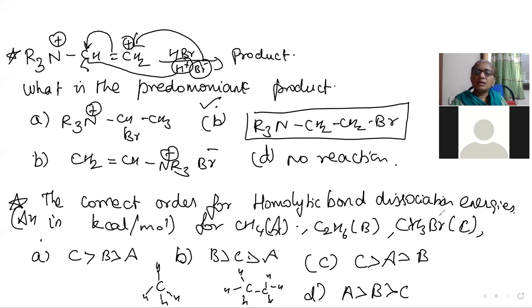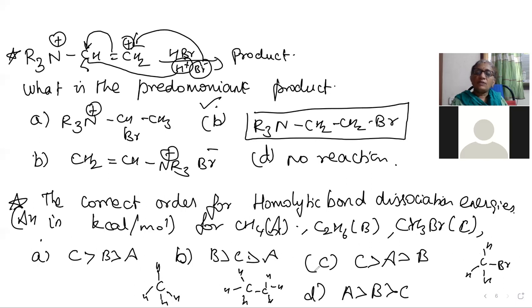And in CH3Br, there is a more electronegative atom, so the scope for homolytic cleavage in this bond is very less. We have to force it to undergo homolytic cleavage by applying more energy.